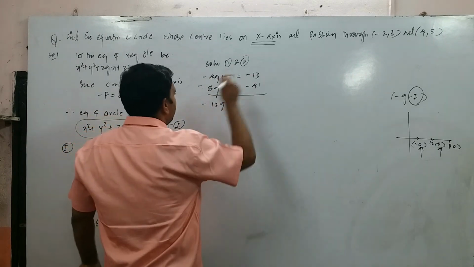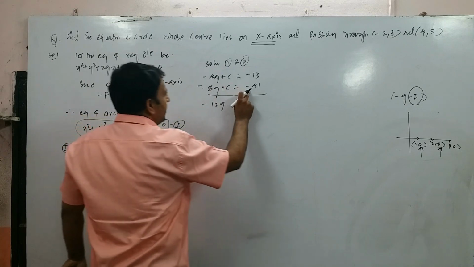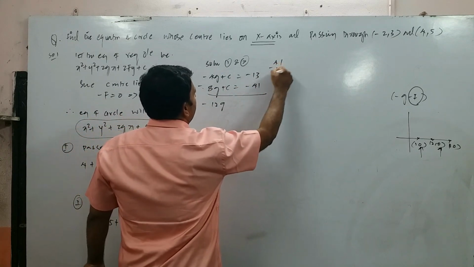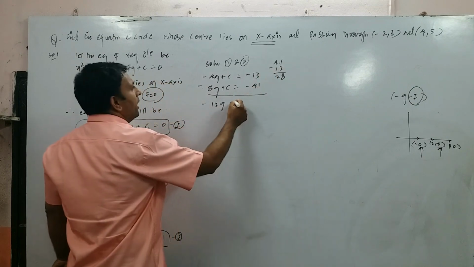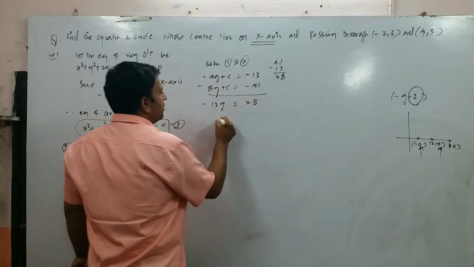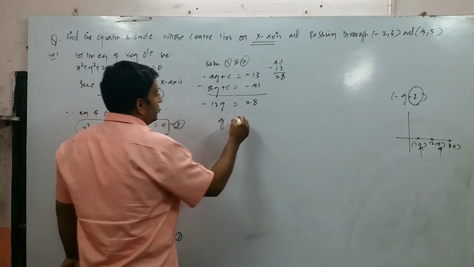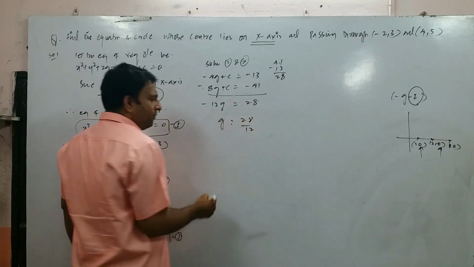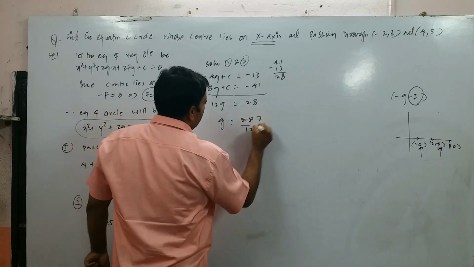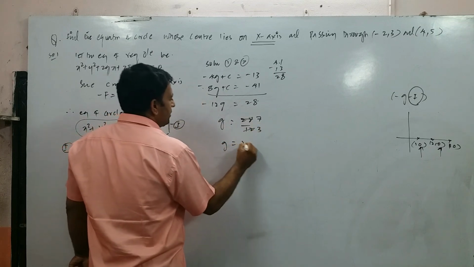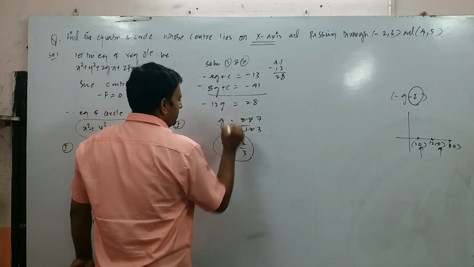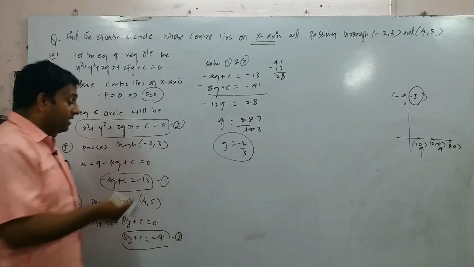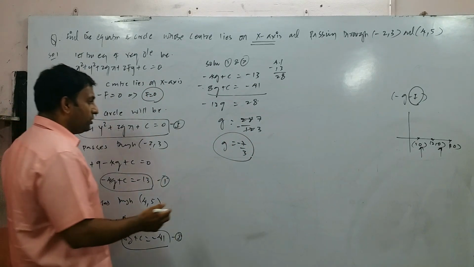C and c cancel, and minus into minus is plus, so it is 41 minus 13, which is 28. So g is equal to 28 divided by 12. Any cancellations? 4 7s are 28, 4 3s are 12. So g is equal to 7 upon 3, and that too with a minus sign. Minus 7 by 3.